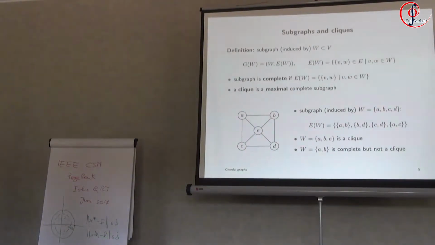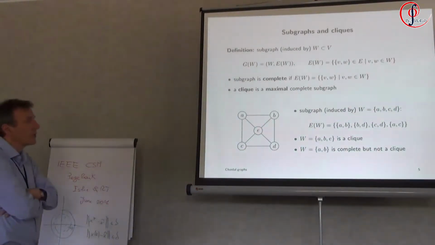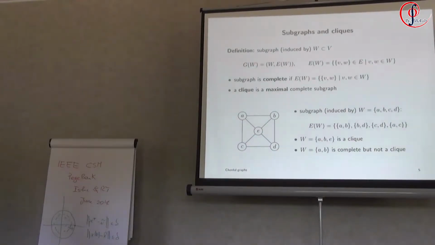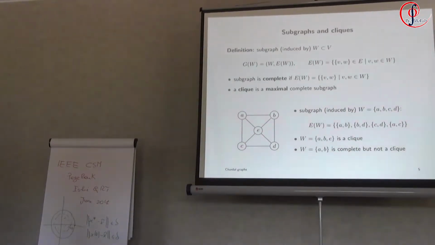A subgraph induced by a subset of the vertices is the graph with that subset W as its vertex set, and also all the edges from the original edge set that connect vertices in W. We call that the subgraph induced by W, or usually just the subgraph W, where W is a set of vertices.